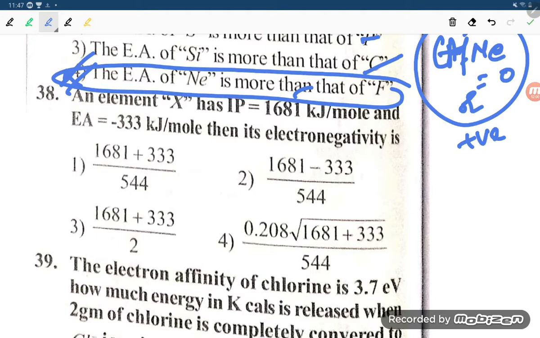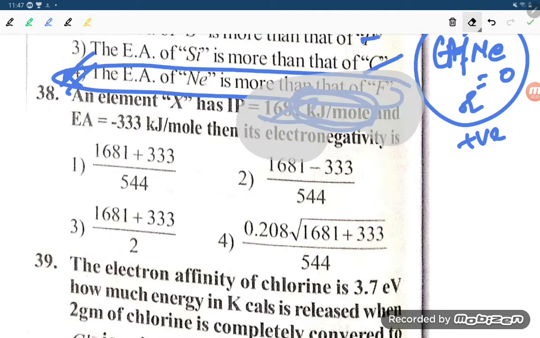Next one, an element X has IP in kilojoule per mole. You need to keep in mind, student, if electron volt is given, this will be divided. Here, let us read a little bit more.